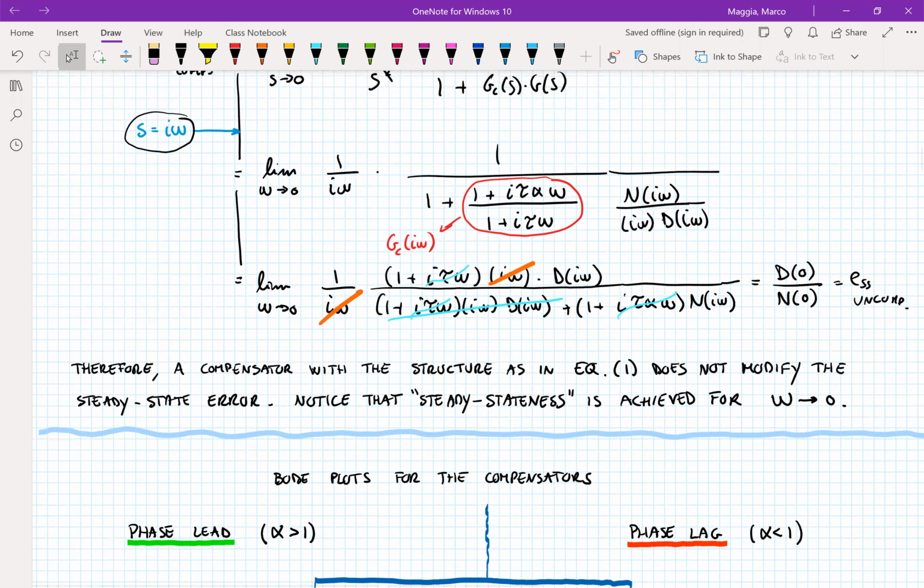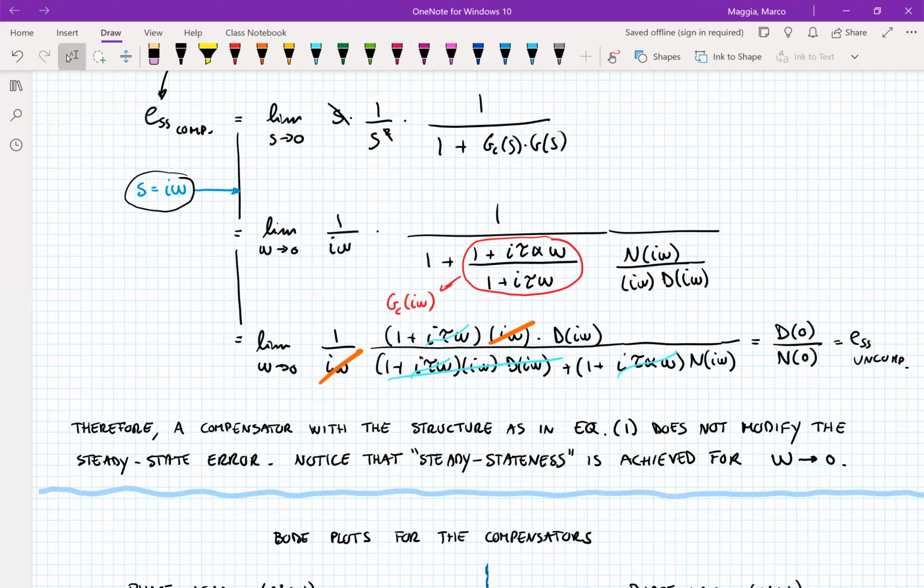Okay, so once again, notice that as usual, maybe you haven't really thought about that, but when we compute things in the steady state, the limit is calculated for s that goes to 0.